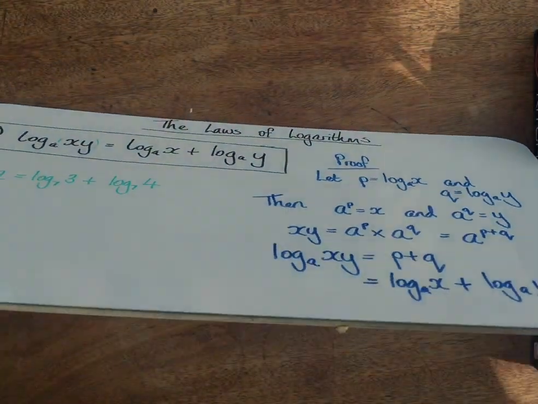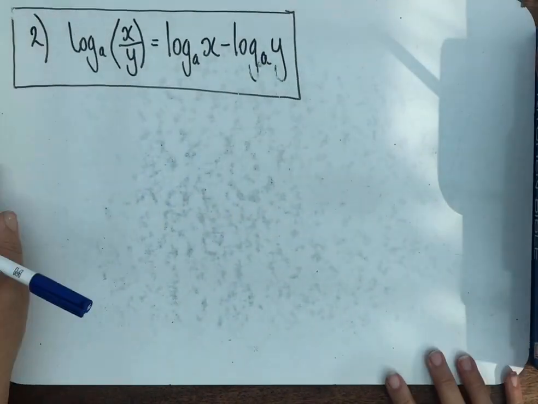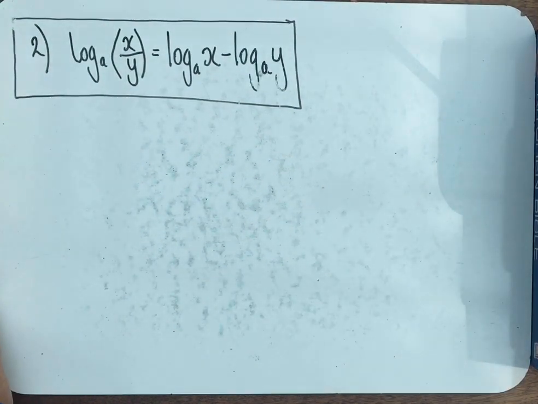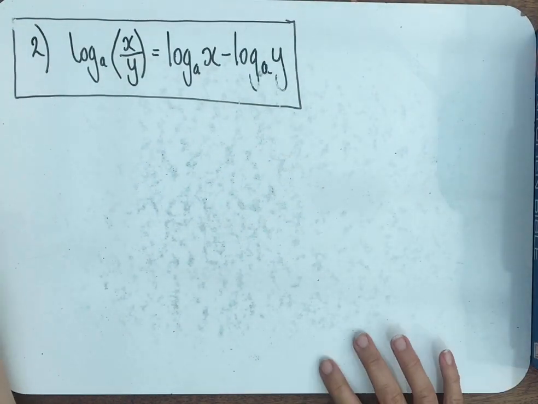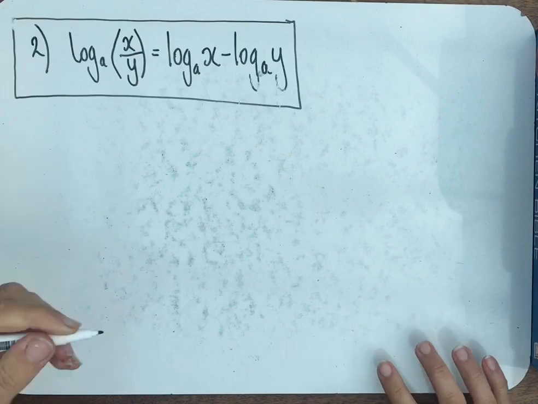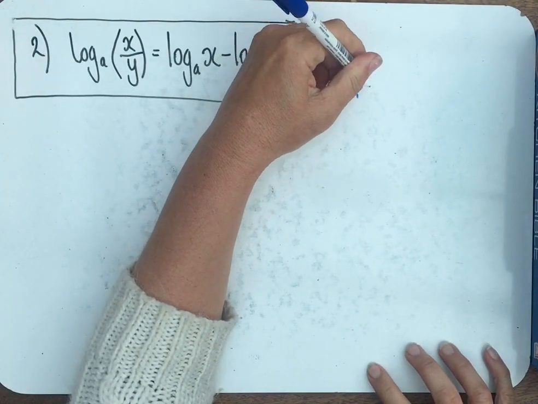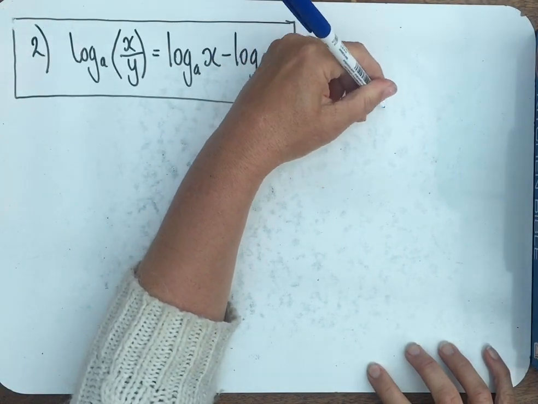Second one is log to the base a of x over y is log to the base a of x minus log to the base a of y. And the proof is very similar.